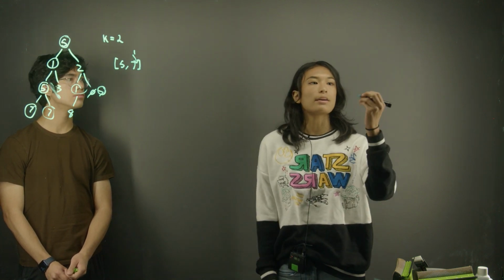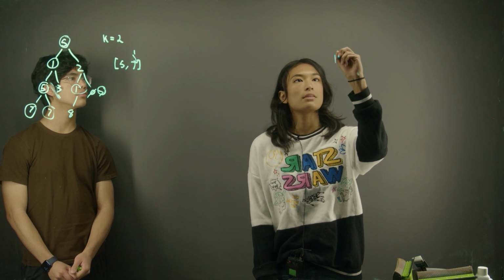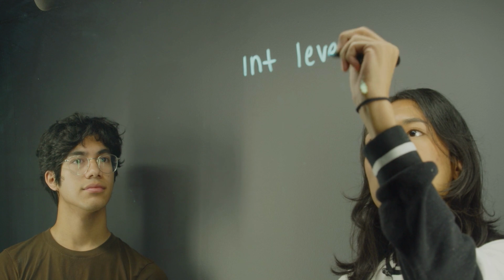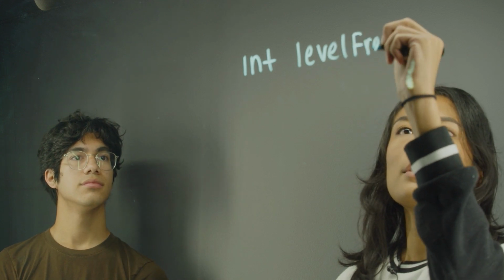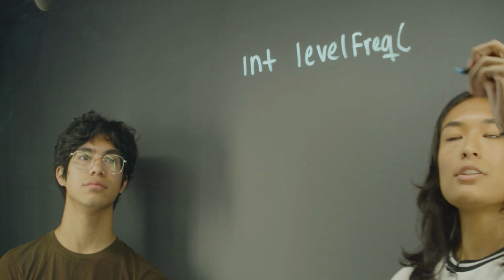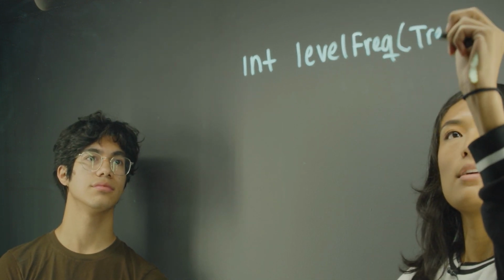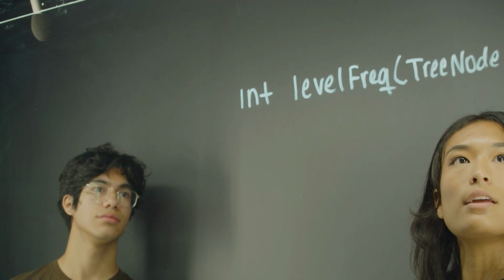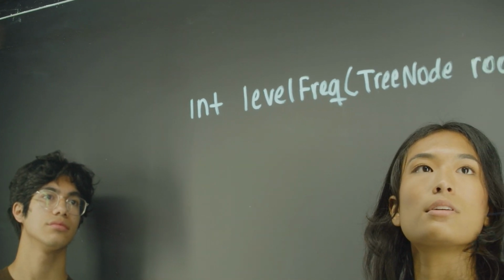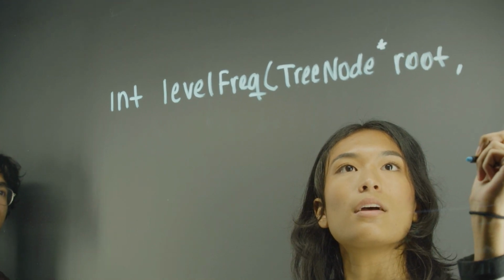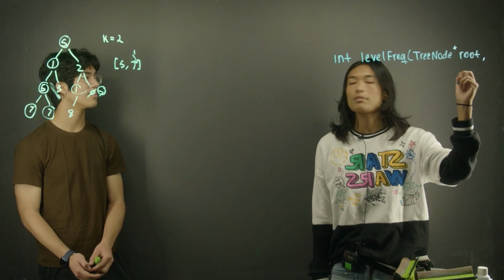Okay, and let me create a function first. I'm just going to call it level for frequency, and I'm going to be given a tree root and then k.